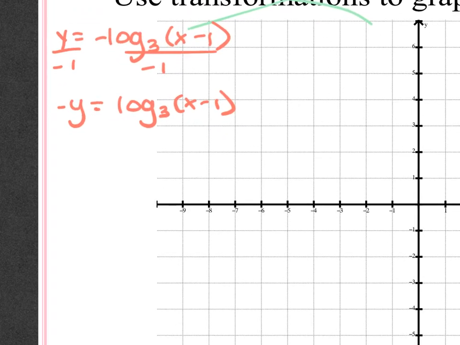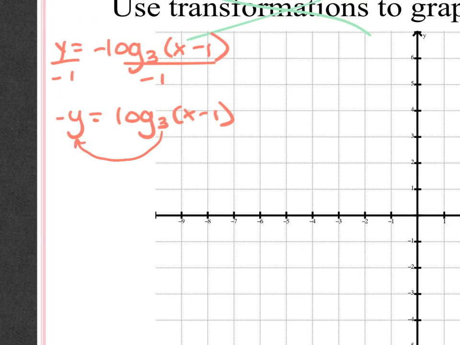Now we're going to convert this into exponential. 3 picks up a negative y, drops off, leaving an x minus 1. And then to solve for x, we're going to add 1. Now I'm plugging in again for y.